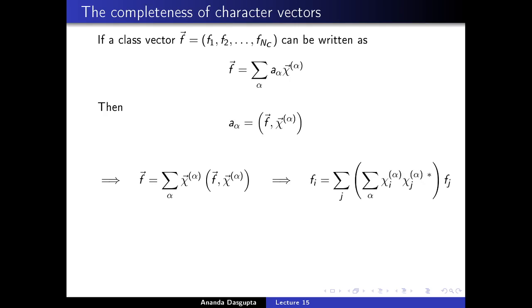So far, we have assumed that a given class vector f can be expressed as a linear combination of the character vectors chi alpha corresponding to the irreducible representations. And that has led us to this particular expression.